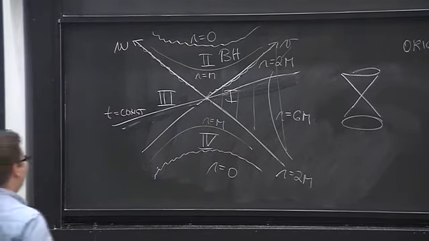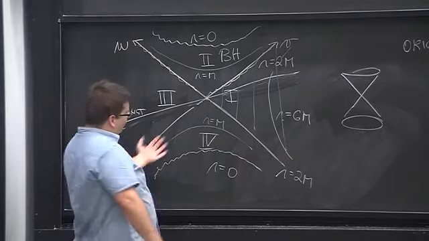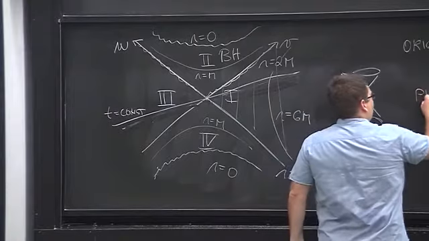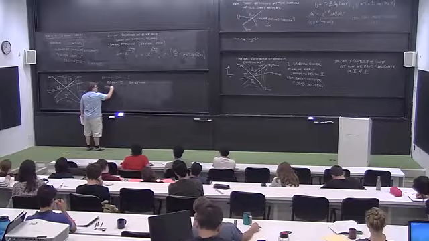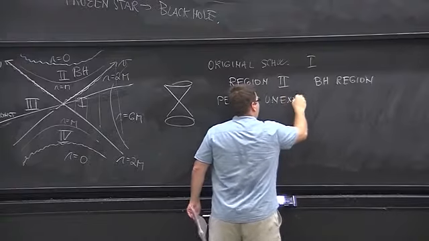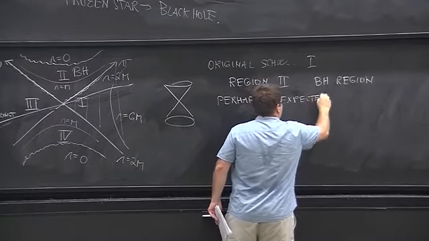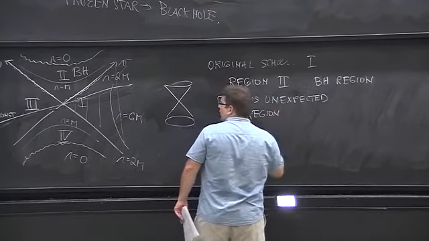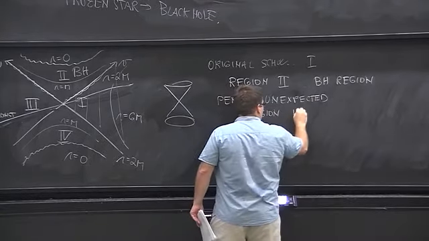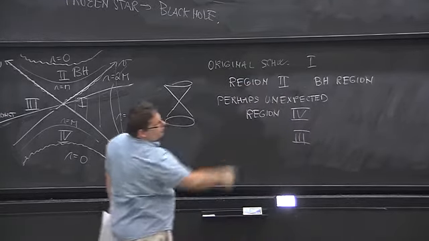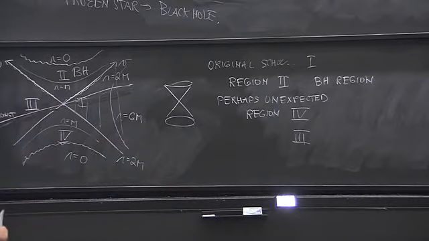Okay. But notice that you have also this perhaps unexpected region 4, and you have region 3. Well, we should have expected it from that picture over there. But anyway, we have these two regions here.